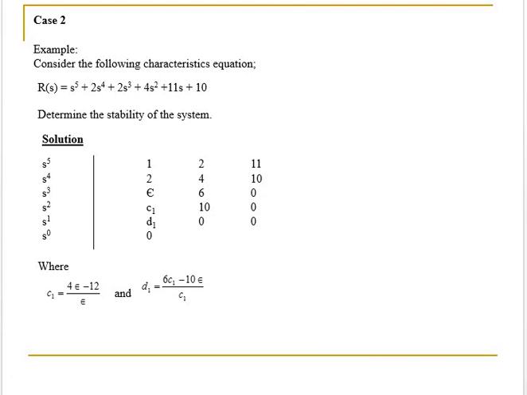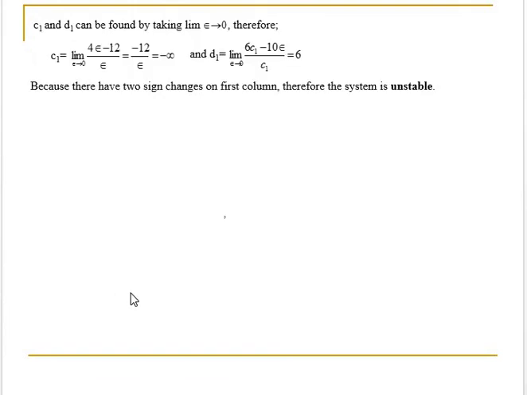Okay, and then it is for D1. C1 and D1 can be found by taking the limit epsilon to 0.